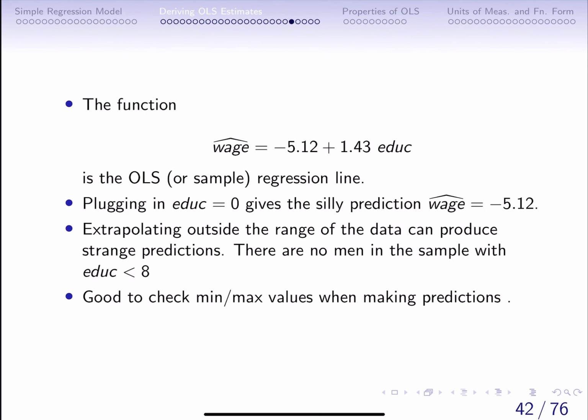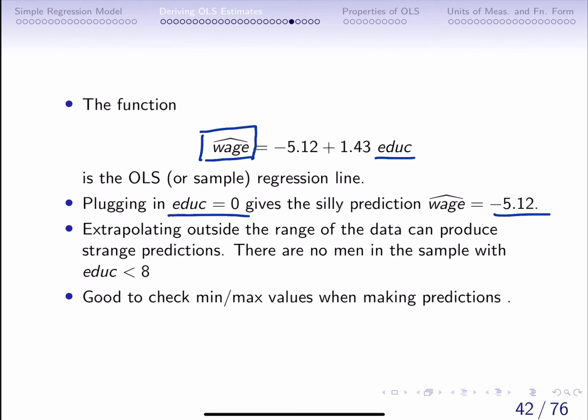And also sometimes just trying to do predictions of what is y hat based on certain levels of education that don't make sense in your data would give you some strange predictions. If we were trying to plug in education equals 0, that was a silly prediction because it gives us a negative intercept. It says that wages are negative.